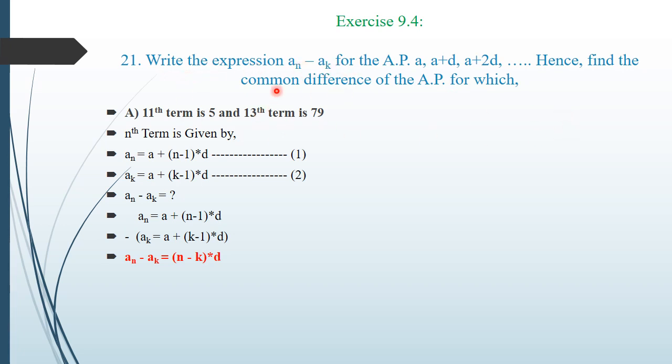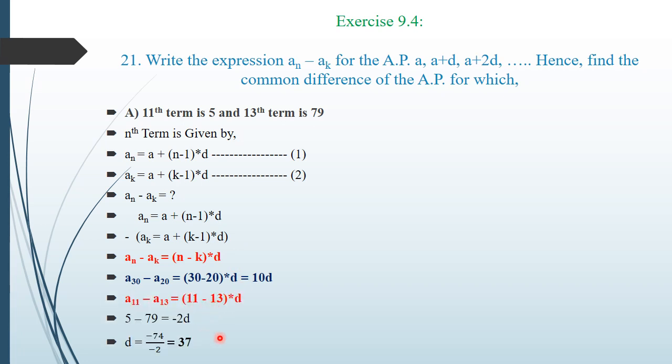Then now we have to find the common difference of this particular given data. Here an is nothing but 11th term, ak is 13th term, n is 11 and k is 13, and d we need to find. Substituting all the values, I'll be getting d as 37 here. Simplification you can check with all the calculations here.